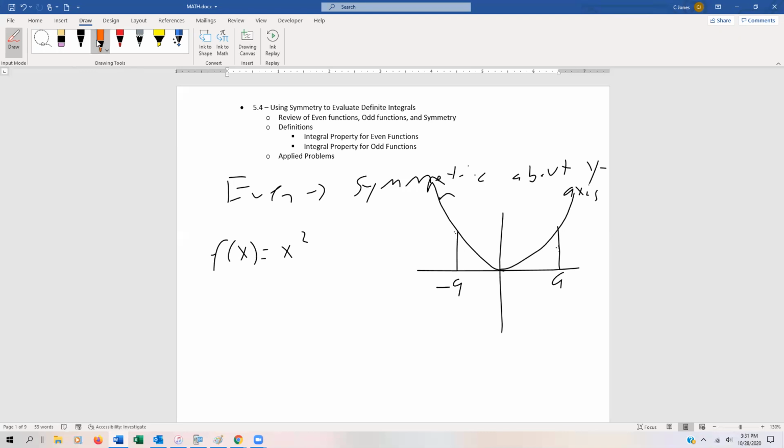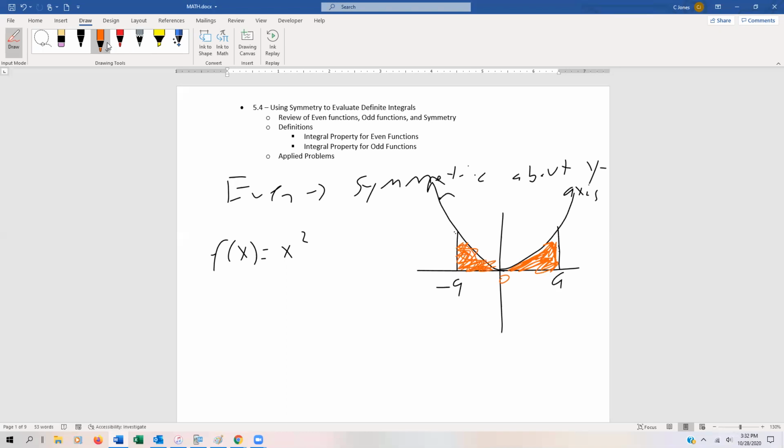Now, because this is an even function, we have this area, okay? And let's just say right here is 0, all right? And we also have the exact same area right here. Right?